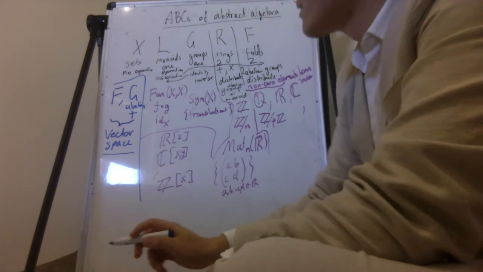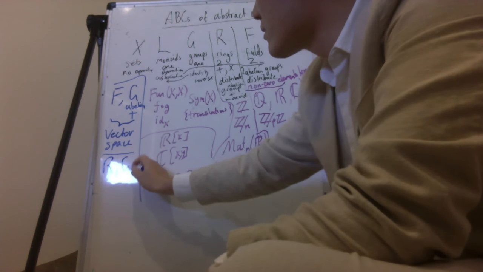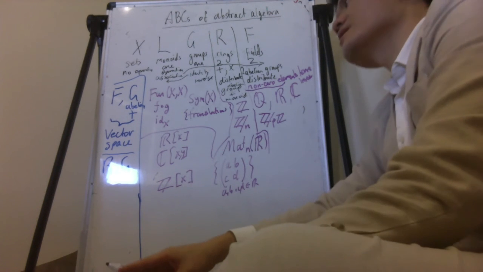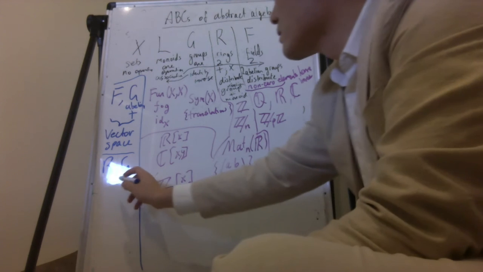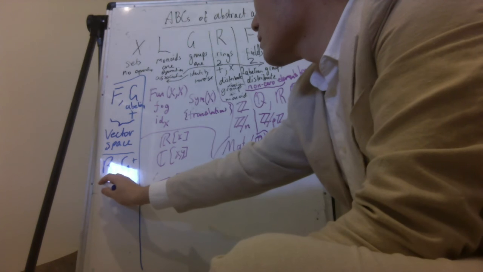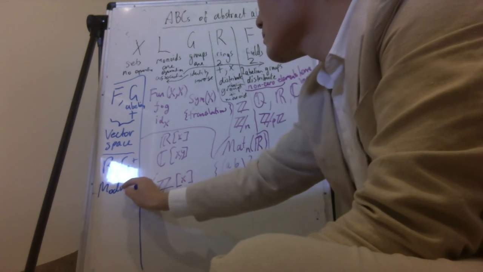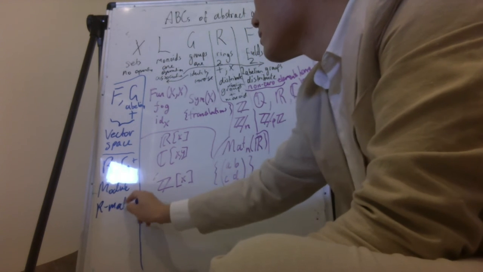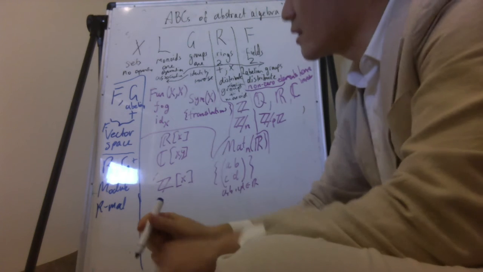If instead of a field you took a ring and the same abelian group, you would get what's called an R module, a module. We could call this an R module to distinguish it from the other rings, or you could call this an F vector space to highlight the field.